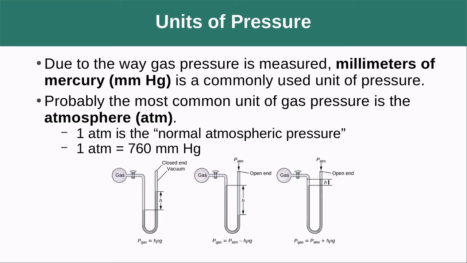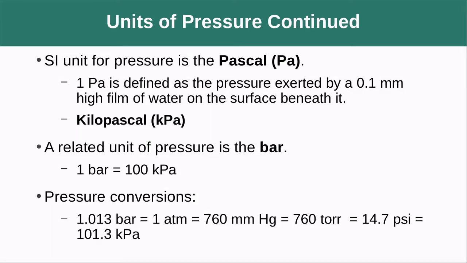So let's talk about some of the units of pressure. Sometimes, due to the way that we may measure pressure, millimeters of mercury is a useful unit for us to use. Far more commonly, you're going to see atmospheres, where 1 atmosphere is the normal atmospheric pressure, the pressure that we're experiencing all around us all the time. When we're working in the SI system, the unit for pressure is the Pascal.